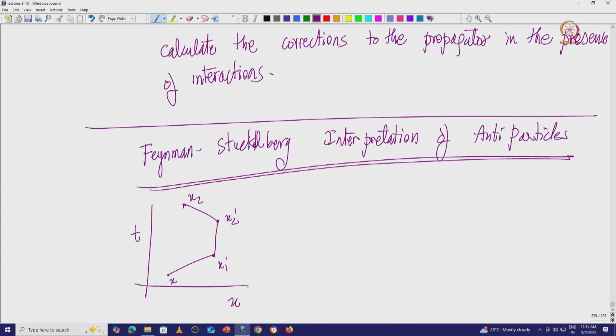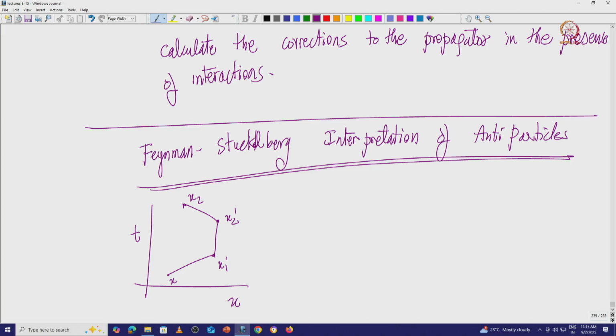Now if there is an electron traveling from x to x1, and x prime to x2 and x2 prime, it is traveling in a particular way.